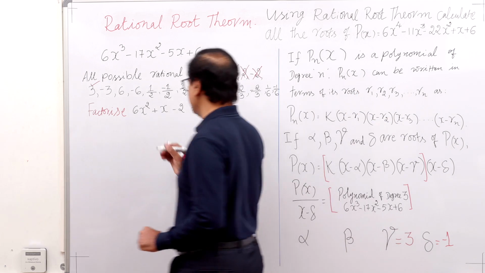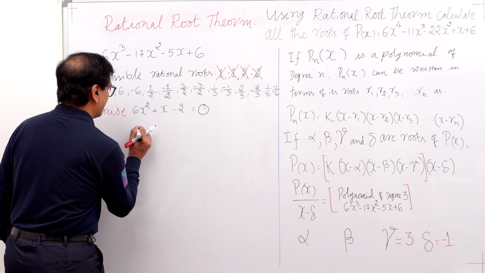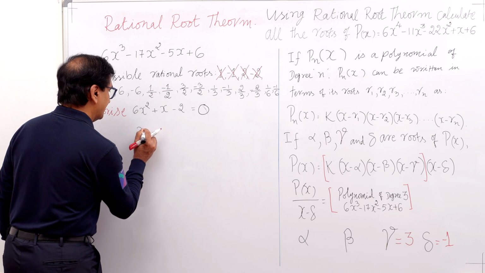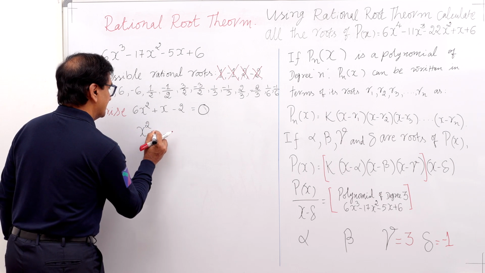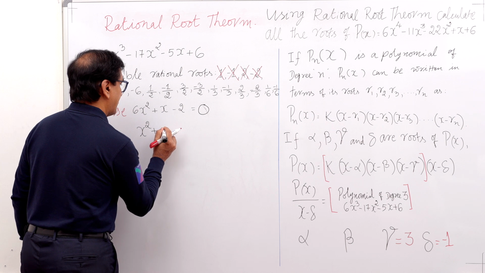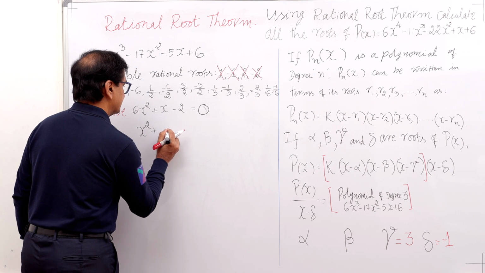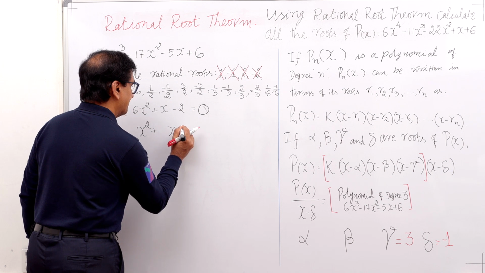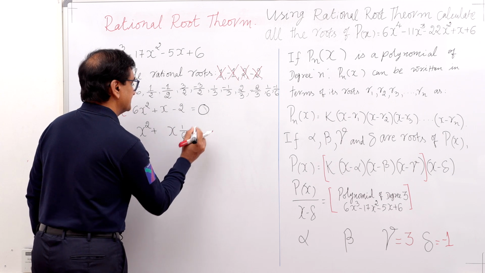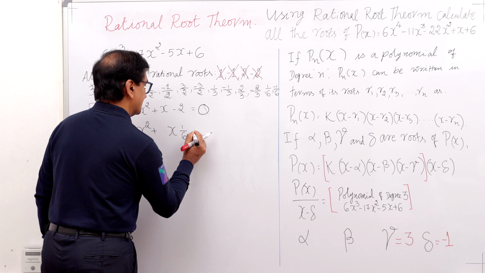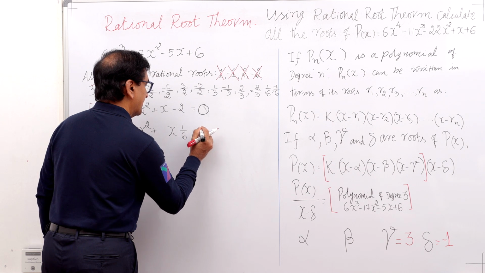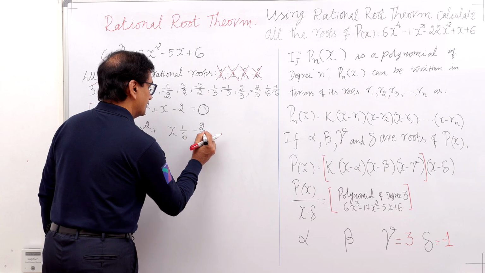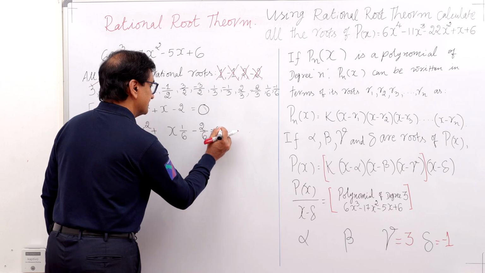So that will give me x square plus x multiplied by 1 by 6 minus 2 by 6 equals.